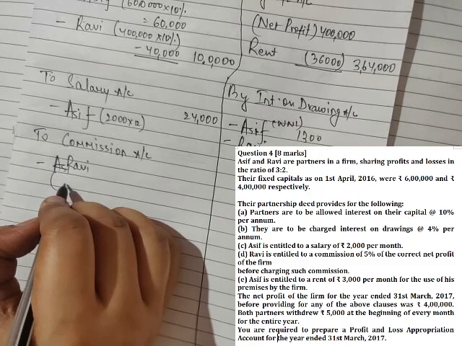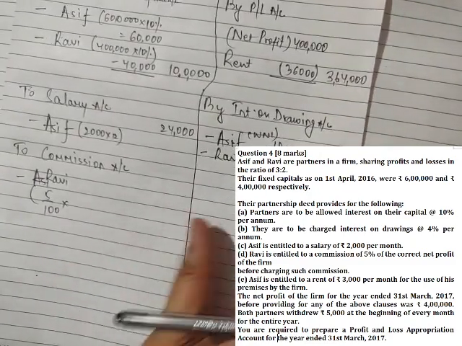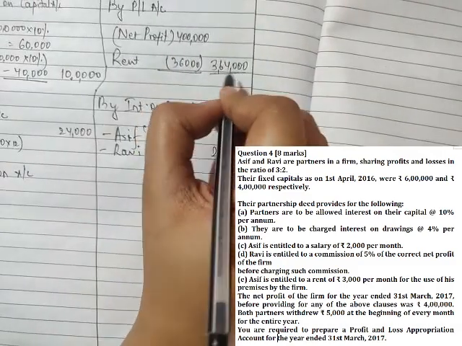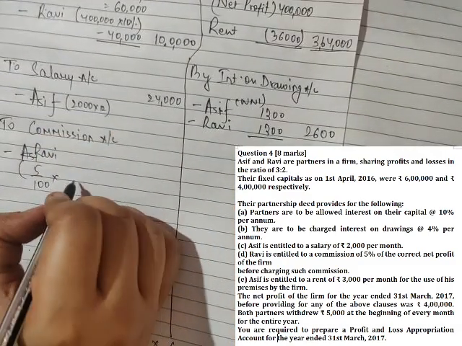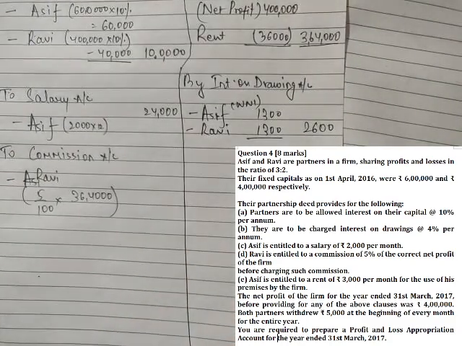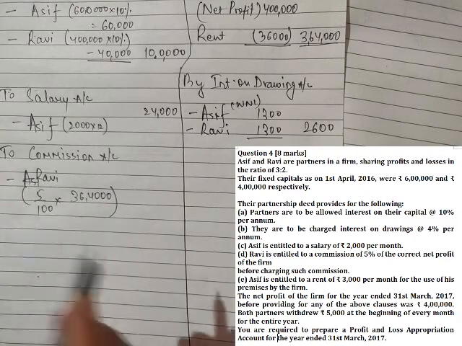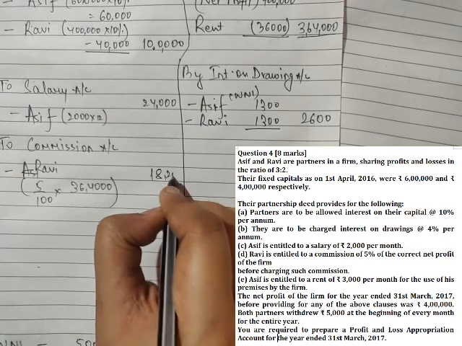The commission is 5% of the correct net profit. The correct net profit is 3,64,000. So, 5% of 3,64,000 gives us 18,200 rupees.